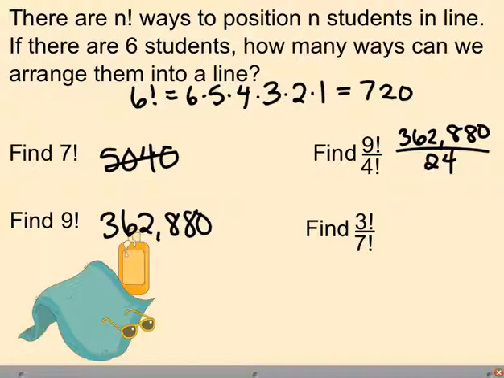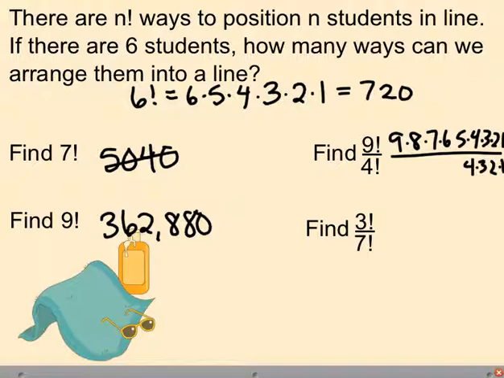Okay, now let's think about what these factorials actually mean. And I'm going to write out some of them. We're going to say we have 9 times 8 times 7 times 6 times 5 times 4 times 3 times 2 and times 1. All over, and I'm going to offset this just a little bit so it's even easier to see, we have 4 times 3 times 2 times 1.